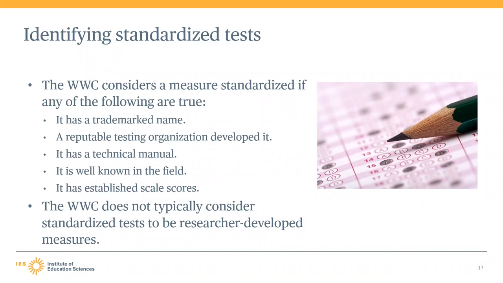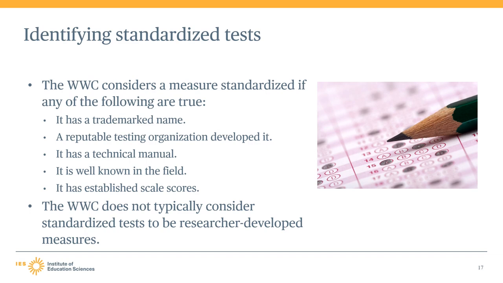So, how can WWC reviewers recognize whether an outcome measure is from a standardized test? There are several things to look for, any of which will indicate that the WWC considers the outcome measure to be from a standardized test. If the measure has a trademark or a reputable testing organization developed it, the WWC considers it to be standardized.